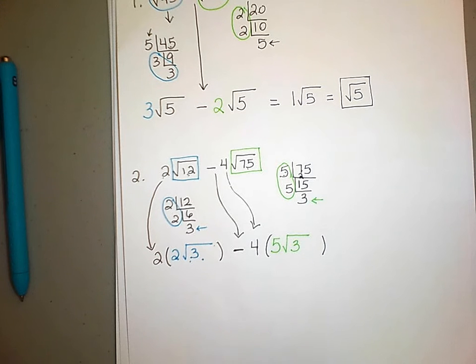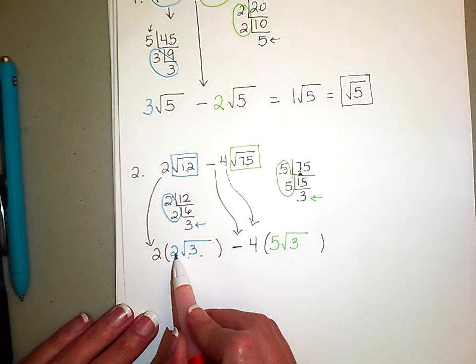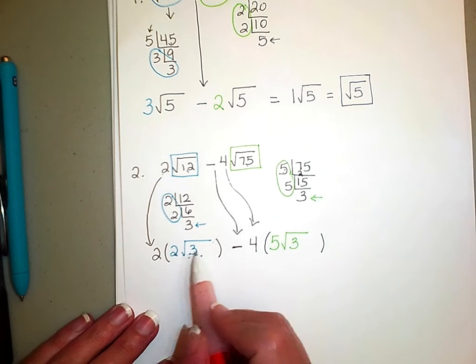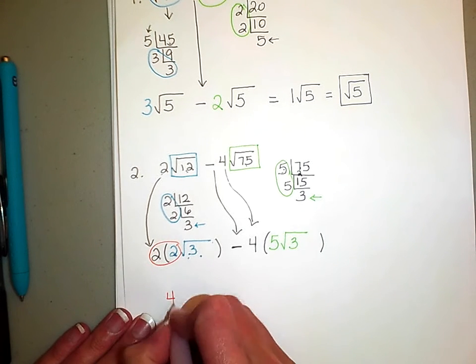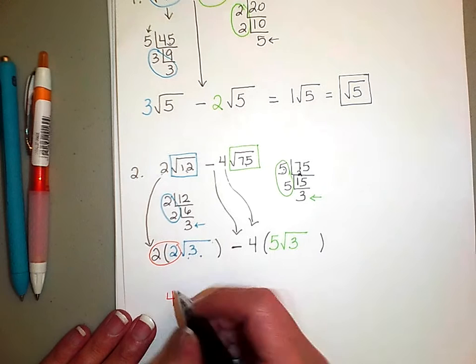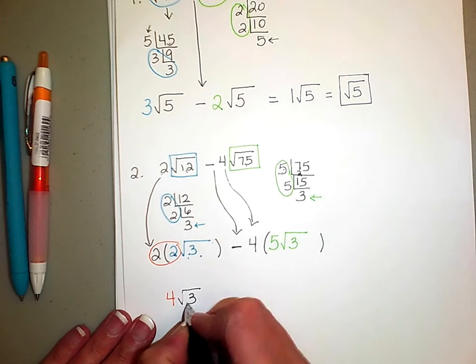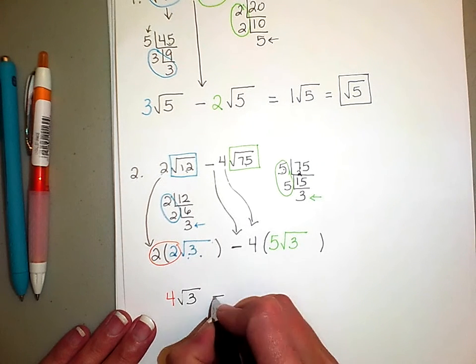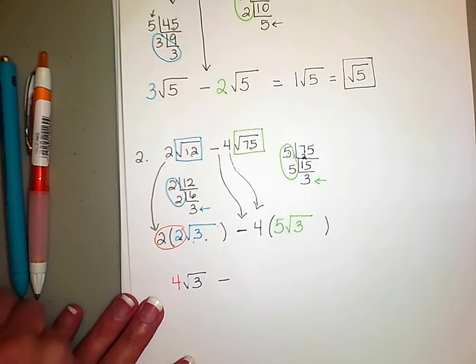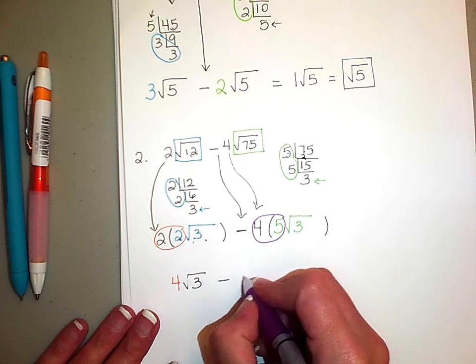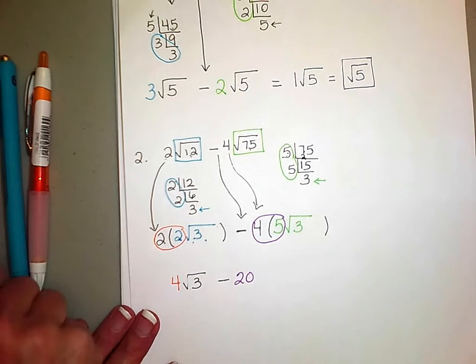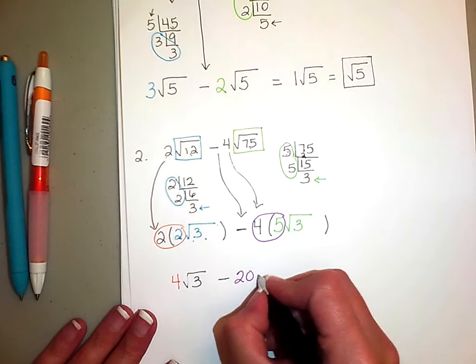Now we need to continue simplifying. So this is 2 times the square root of 3. Well, I know 2 times 2 is 4, and the square root of 3 will come along. Then minus, I know 4 times 5 is 20, and the square root of 3 comes along.